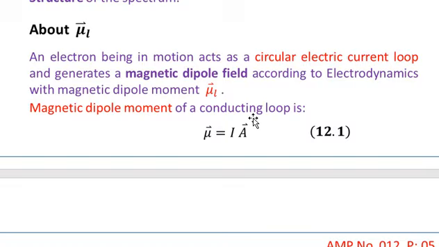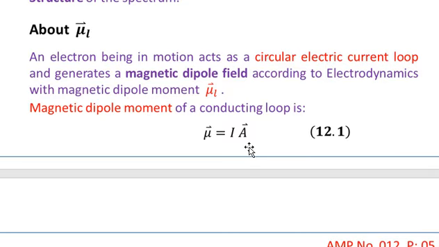The magnetic dipole moment of a conducting loop is simply given by mu equals current times area. I is the current of the current loop, and A is the area of the loop. So A is the vector area of the current loop of the electron, and I is actually the current that we can measure flowing in the current loop.